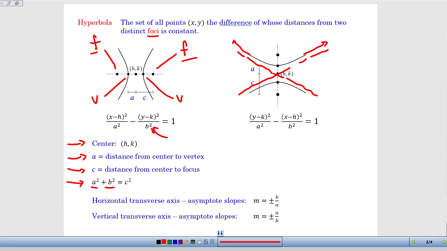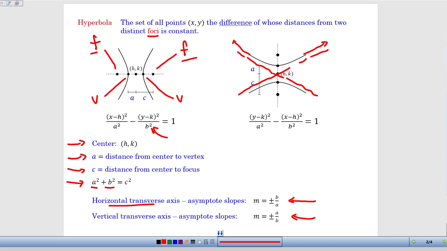And so the question is, what are the slopes? What is the steepness of these asymptotes? And the way we determine it is by either taking a over b or b over a, with a plus or minus because one is going up from left to right, one is going down from left to right, and that's going to determine the steepness of the lines. Now I'll be honest, I can never just remember outright which one is which.